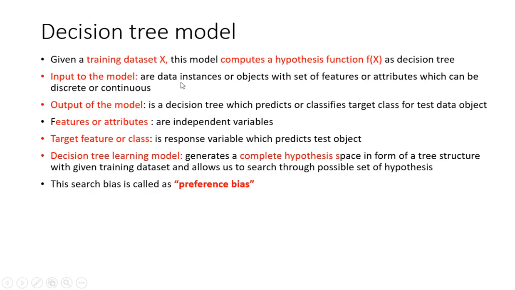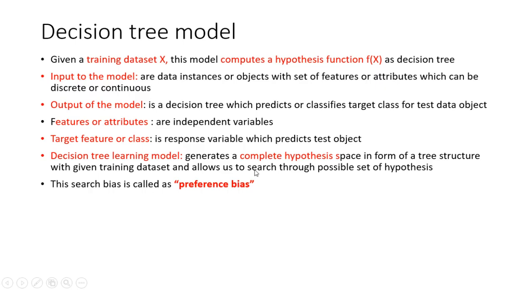The input to this model will be the data instances with a set of features or attributes, and the output is the class into which the decision tree will predict or classify the test object. So the input to the model has certain features which are independent variables, and the output is a class which will be predicted for the test object.